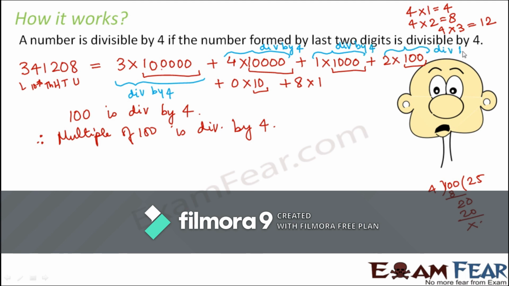This has 100, so this is also divisible by 4. So what are we left with? We are left with these two terms: 0 into 10 plus 8 into 1. That means the digit at the units place and the digit at the tens place. So we are basically left with these two digits.